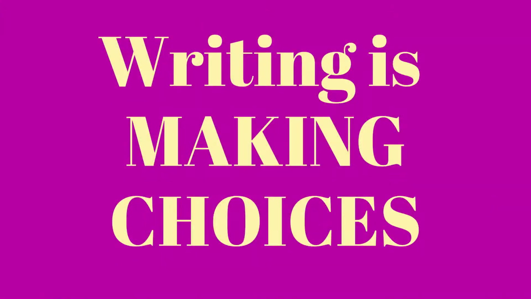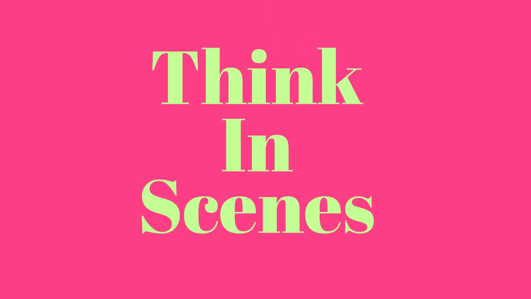And once again, I will tell you, writing is making choices. That's the key. And think in scenes. If you do those two things, if you work in the outline and you just say, I have to make choices, I have to use what I have, which I believe is the title of one of my excellent videos.